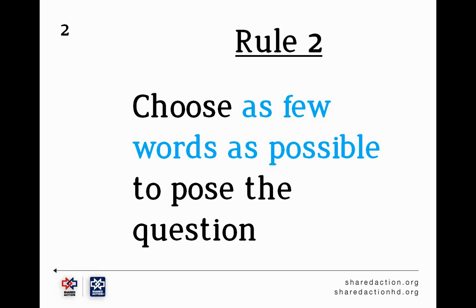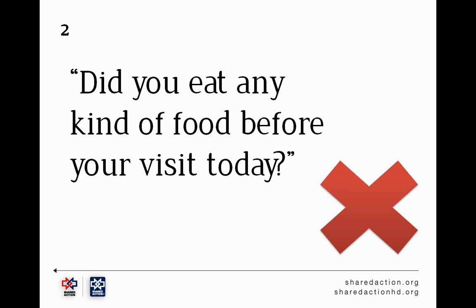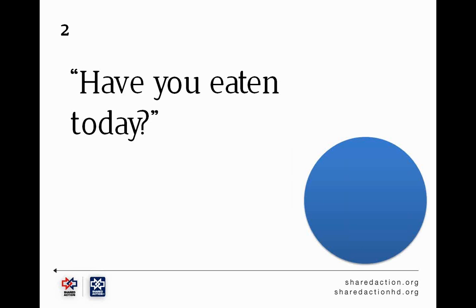Rule 2 kind of contradicts the last one, because I just told you to spell it out and really phrase it out, but at the same time, you do want to choose as few words as possible to pose the question. An example of this is, did you eat any kind of food for your visit today? This could easily be shortened to, have you eaten today?